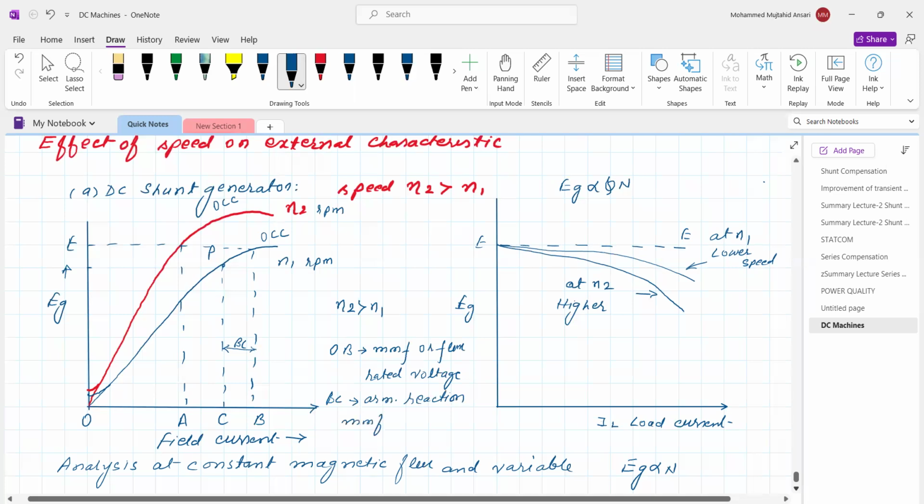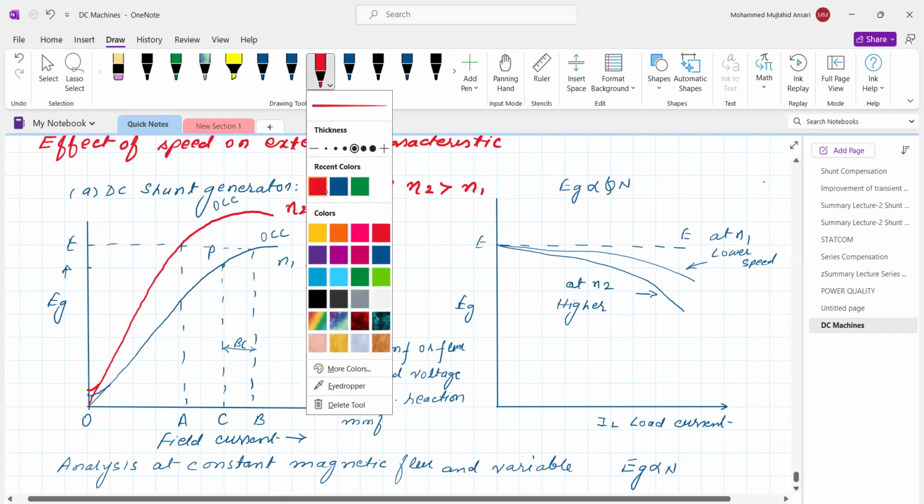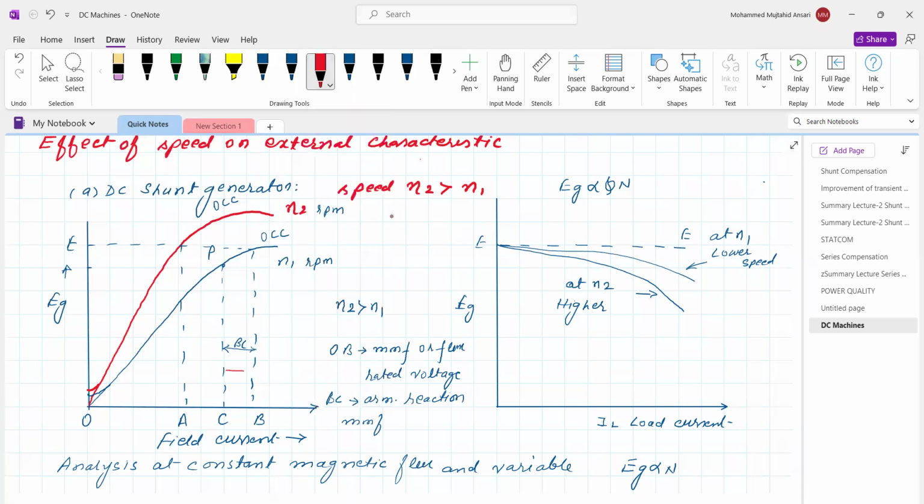Because of armature reaction, the total flux over the periphery gets reduced. It is going to reduce the total MMF or flux. So this much is the decrease in the magnetic flux.